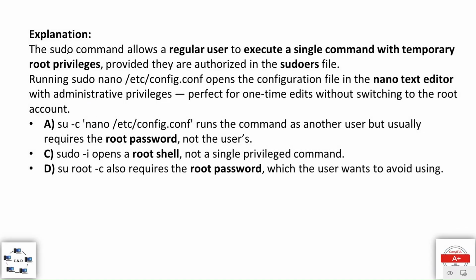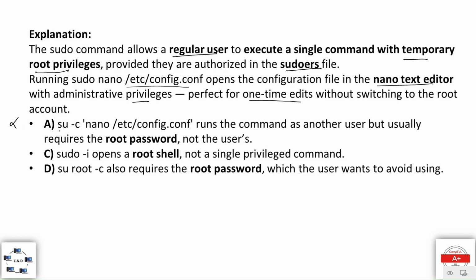The explanation is, the sudo command allows a regular user to execute a single command with temporary root privileges, provided they are authorized in the sudoers file. Running sudo nano /etc/config.conf opens the configuration file in the nano text editor with administrative privileges, perfect for one-time edits without switching to the root account.